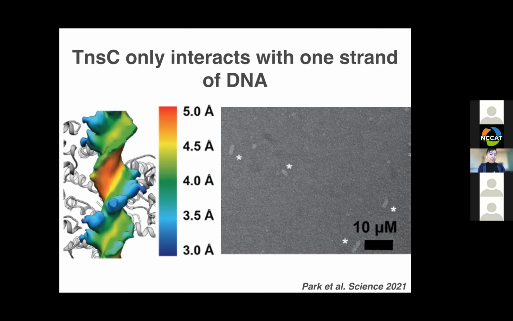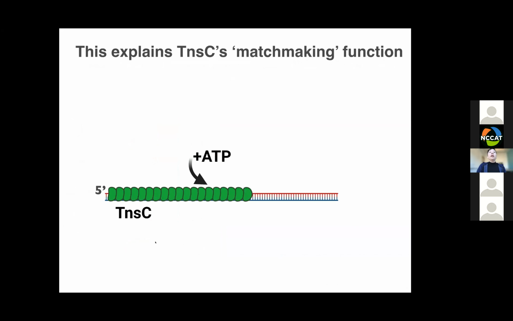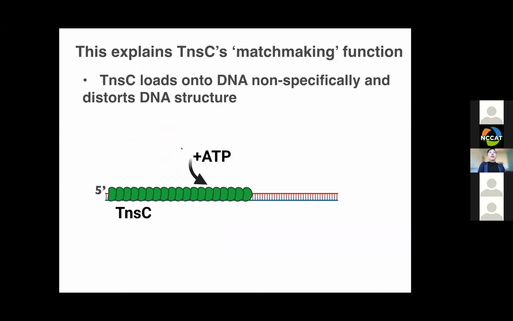But getting back to the story, remember how I told you TnsC is a matchmaker. It tries to find the target site and connect that with the cargo-carrying transposase. We think this first structure explained TnsC's matchmaking function, because no matter what DNA we gave it, TnsC would form these helical polymers that coat the DNA non-specifically.